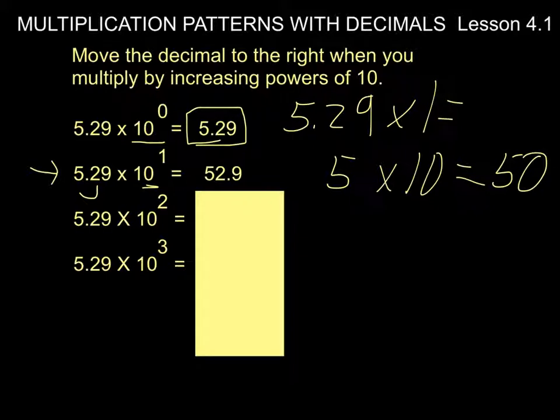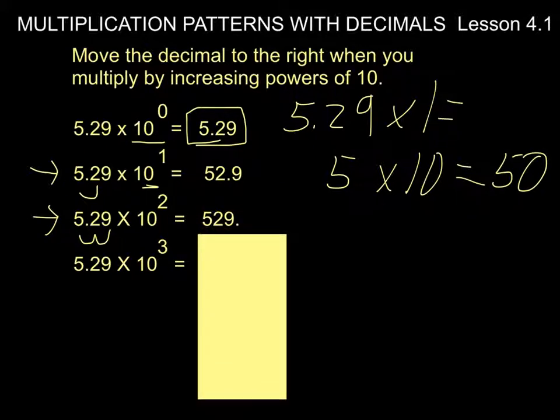Next, we're going to multiply 5 29 hundredths by 10 to the second power. So here we're going to move the decimal 2 places to the right, which is going to give us a solution of 529 whole.